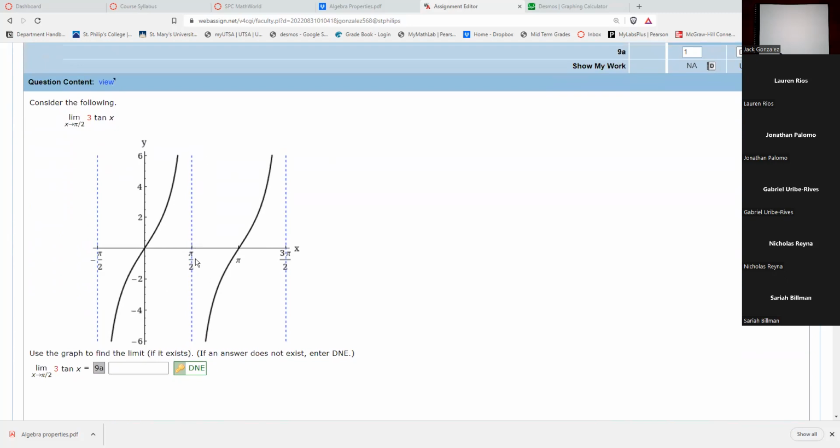Pi over 2 is right there. Once you graph it, you can see right away what's happening on the left side and the right side. As I get closer to pi over 2, it goes to infinity, shoots off, and from the right, it goes to negative infinity. So they're not the same infinities, different infinity. So does not exist.